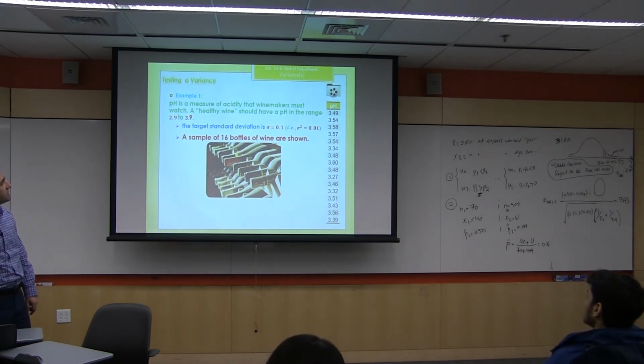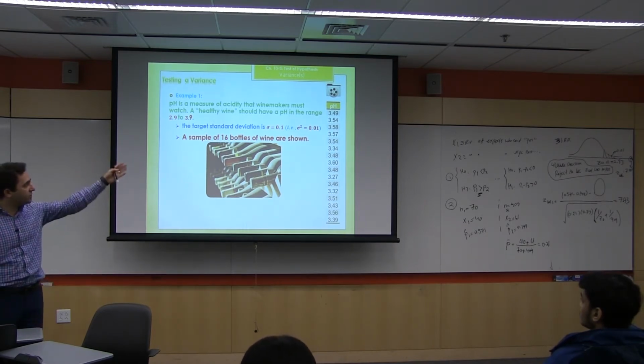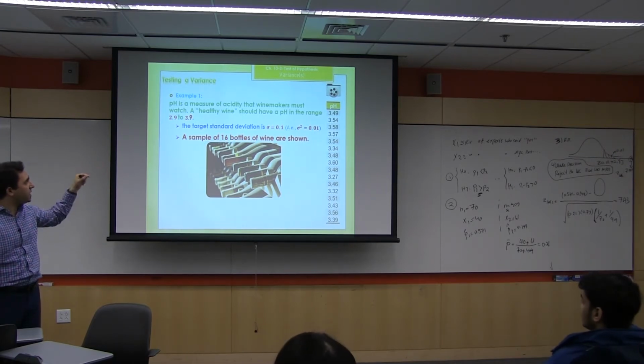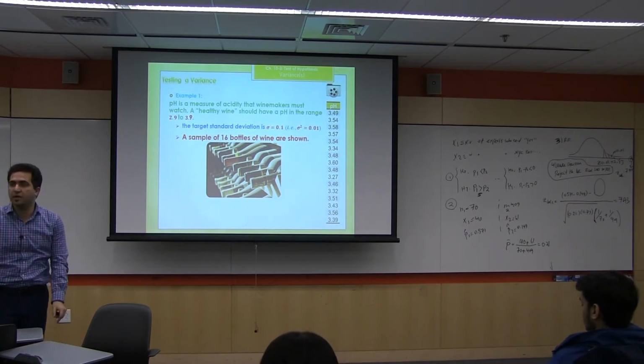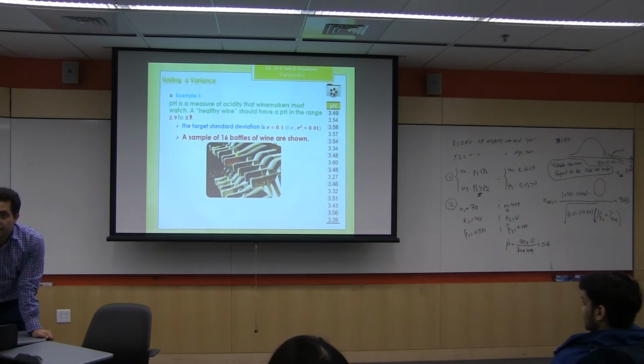We got some sample data for the pH of the wine, and we can see those sample points here. So we're going to run the test for a targeted standard deviation of 0.1 for the acidity of wine, which is sigma of 0.1 or sigma squared of 0.01.